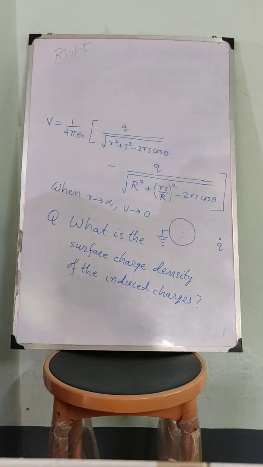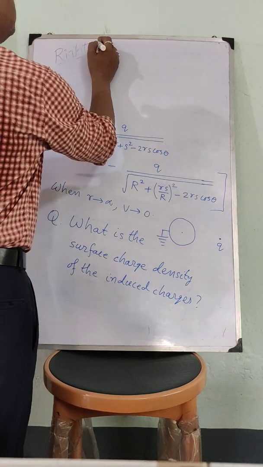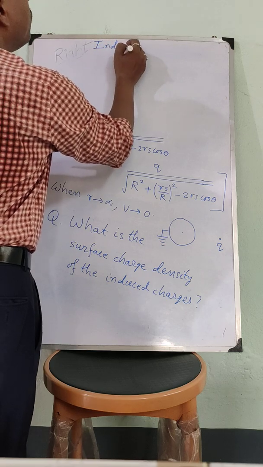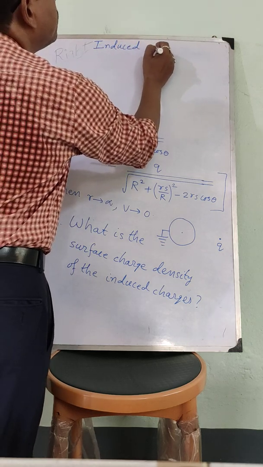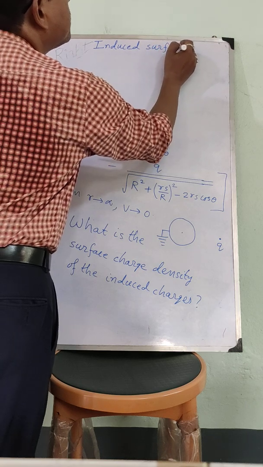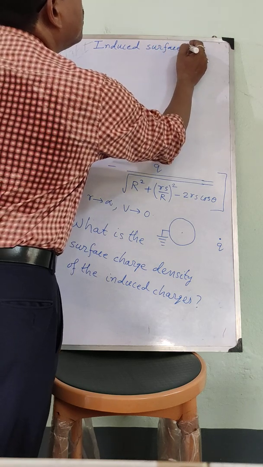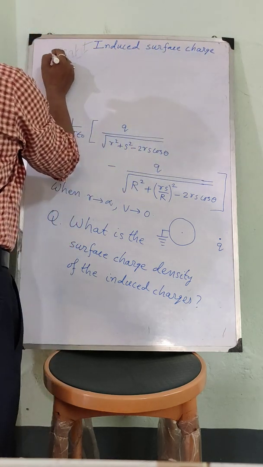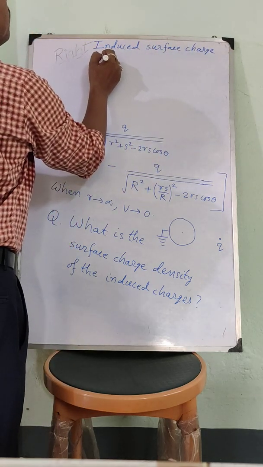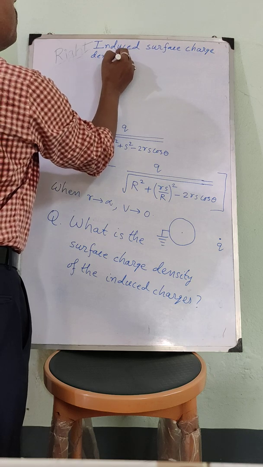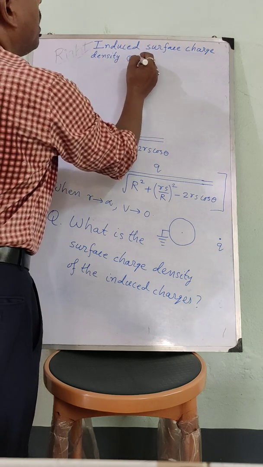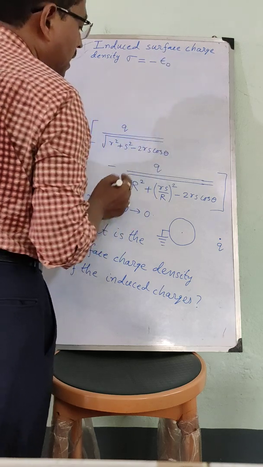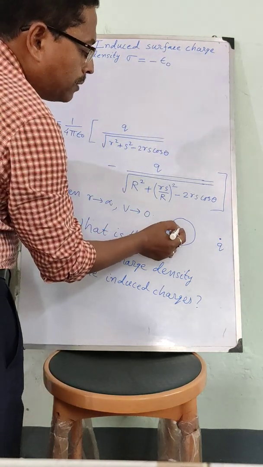So the induced surface charge density sigma is given as minus epsilon 0 times the normal derivative of the potential.